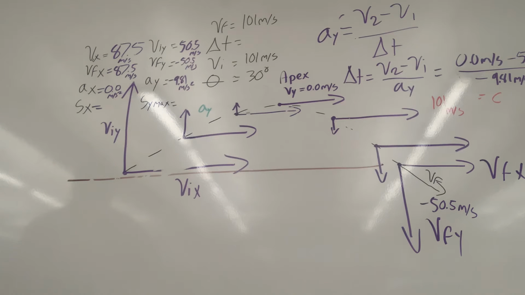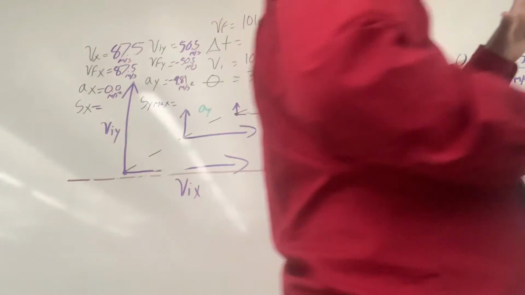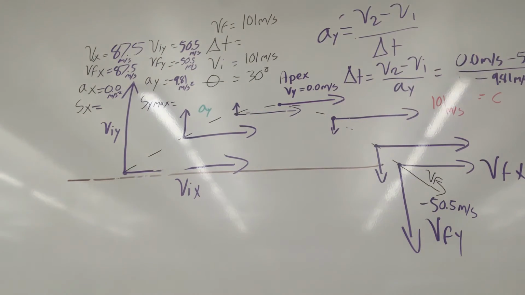Now, in the question, we were given the angle of 30 degrees and the velocity of 101. So we have two significant digits with the 30. So our time should have how many significant digits? 2. So this is your half time.